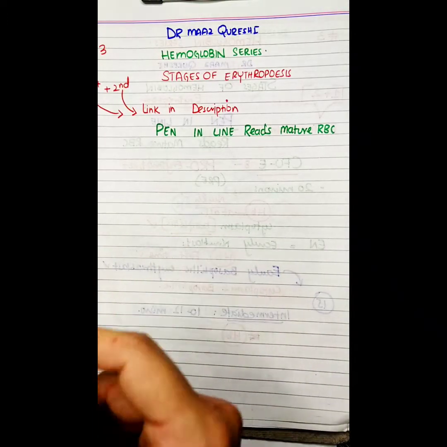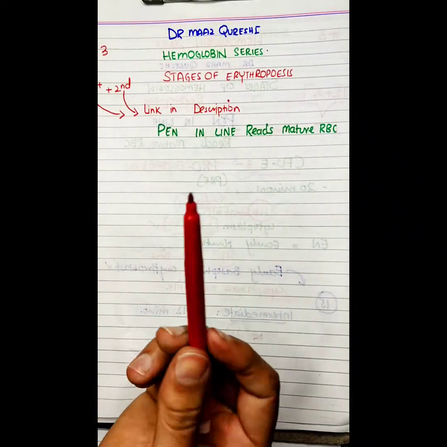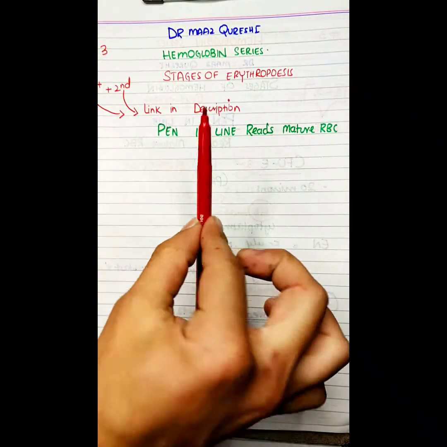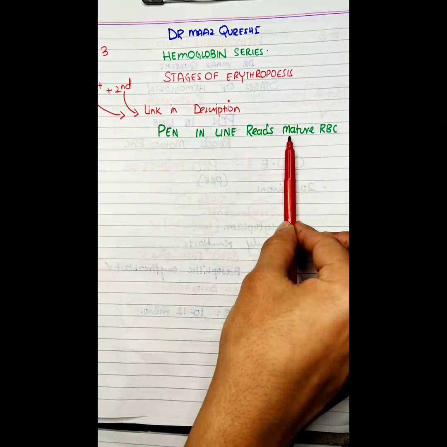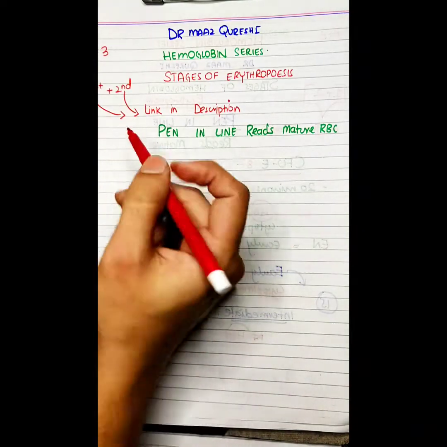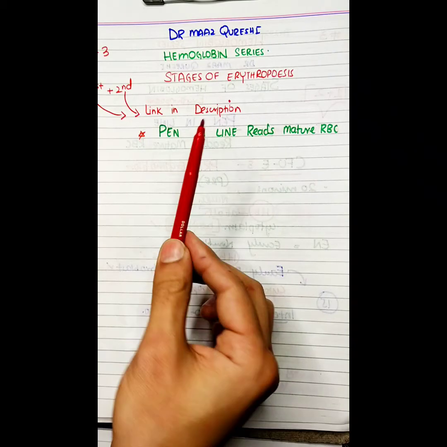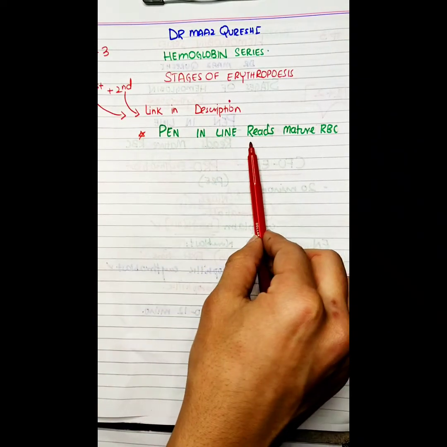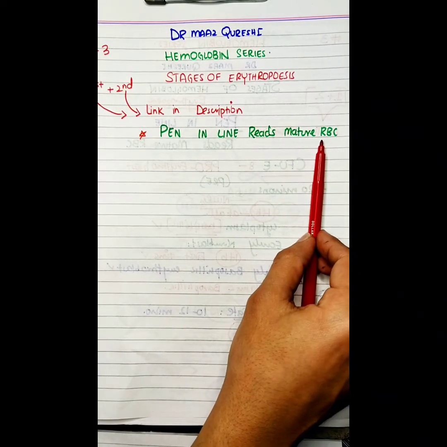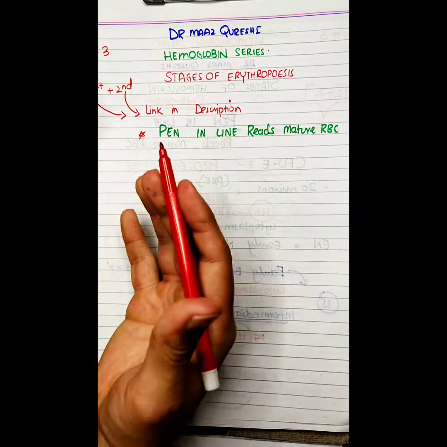So first, let's make the sense of this mnemonic. You put a pen in line and the pen reads mature RBC. Hope it makes sense.